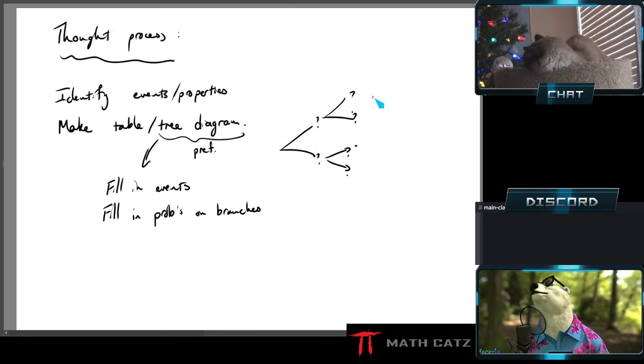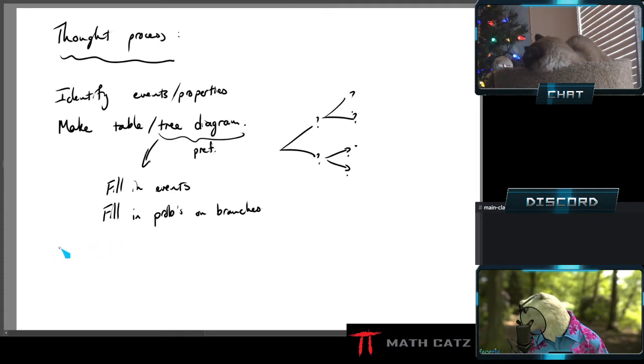Some of them deeper into the tree will be conditional probabilities. Given I've taken this step, what is the probability of the next thing happening? So of course the tree has to be set up in a way that I can fill in all the numbers on the branches, all the properties. And they have to, in the question, mainly give me that information. And that might guide me to how to set up the tree.